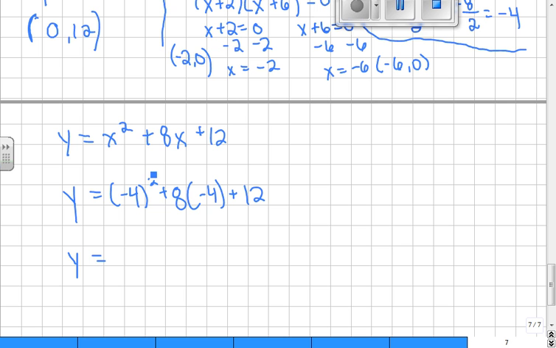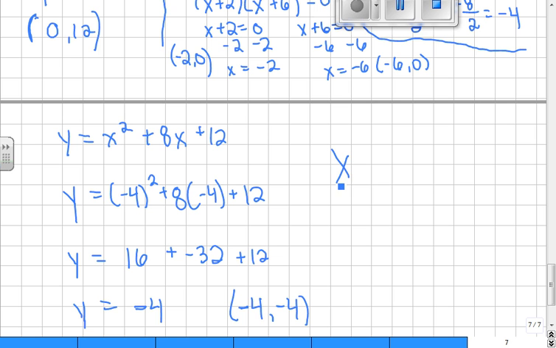So you have negative 4 squared, which is negative 4 times negative 4, which is positive 16, plus 8 times negative 4. Well, 8 times negative 4 is negative 32, plus 12. Okay, our y is going to be 16 minus 32, which is negative 16, plus 12, which is negative 4. So in this case, we plugged in negative 4 for x, and we got out negative 4 for y.